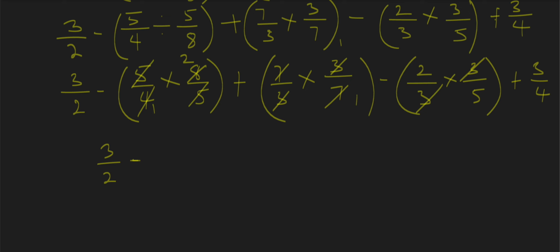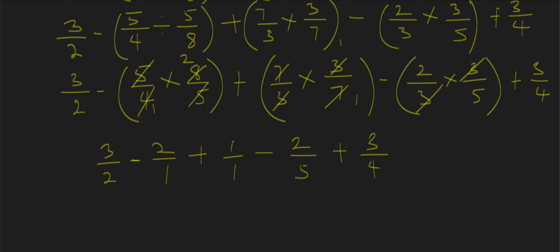So this is 2 over 1 from this, plus what's left here, 1. So I'll just write it as a fraction, 1 over 1, minus 2 over 5 plus 3 over 4. Okay, so this is what we have left.